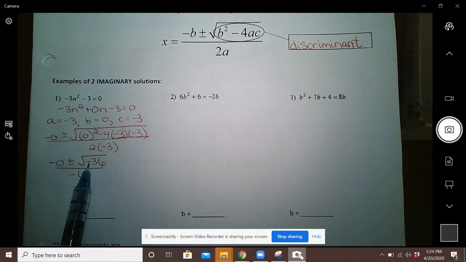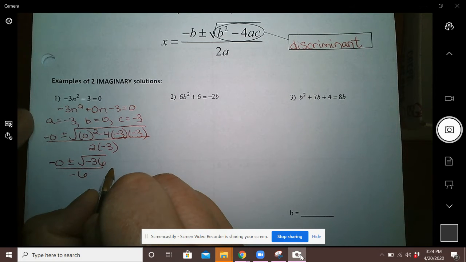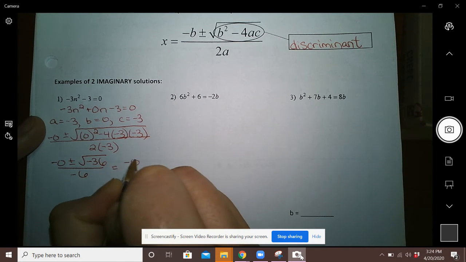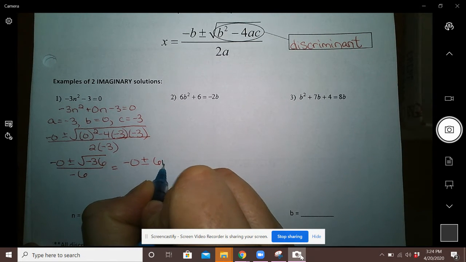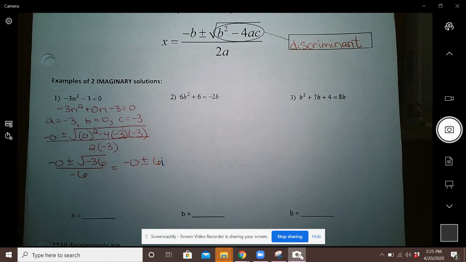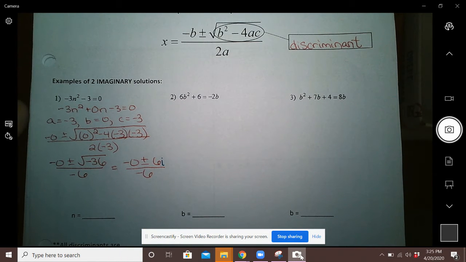A negative in a discriminant tells me I'm going to have an i, or an imaginary solution. So we all know what the square root of 36 is. That's 6. But now that that 36 is negative, I need to include an i to represent an imaginary solution, 6i.